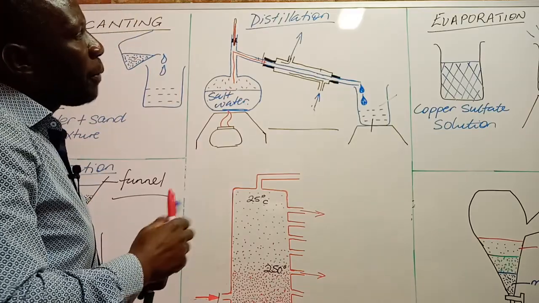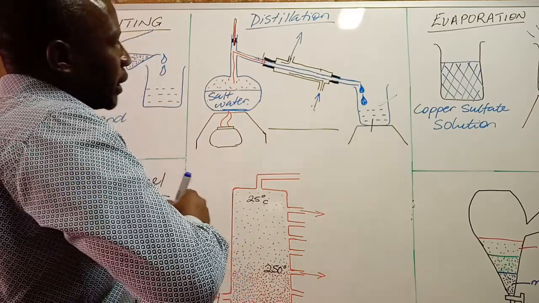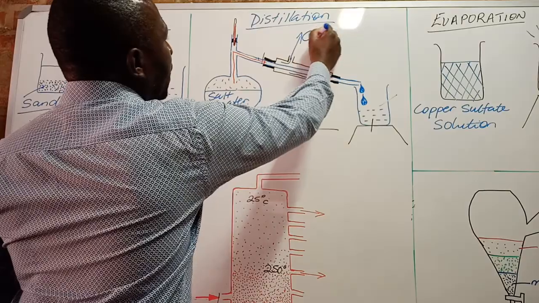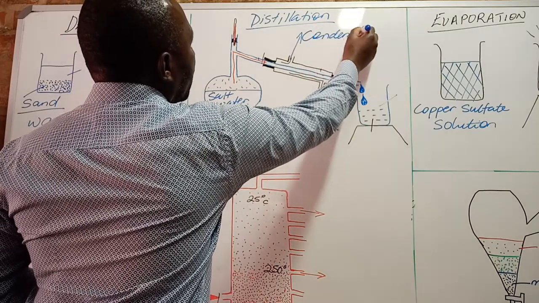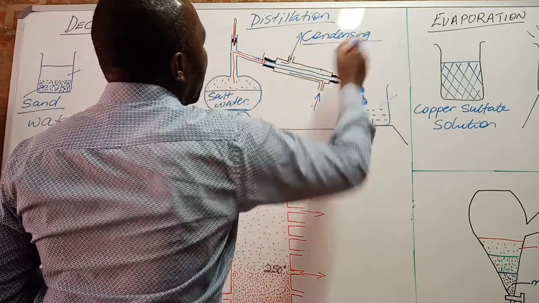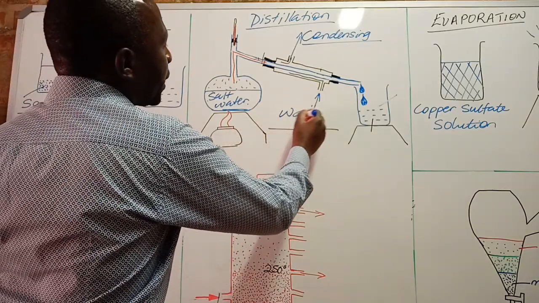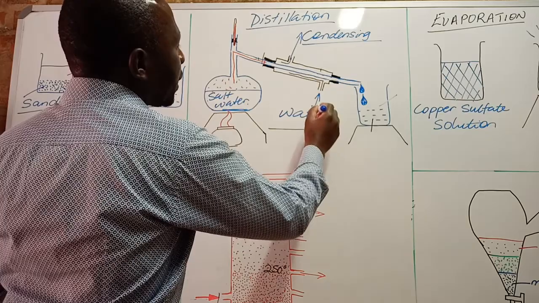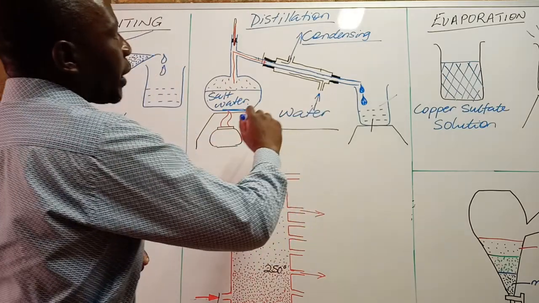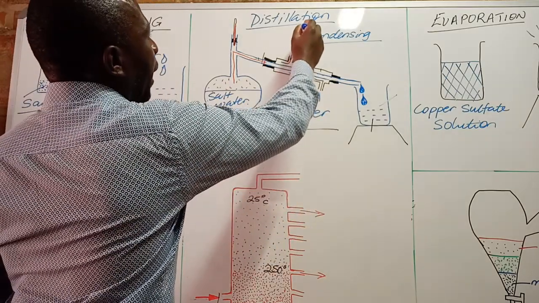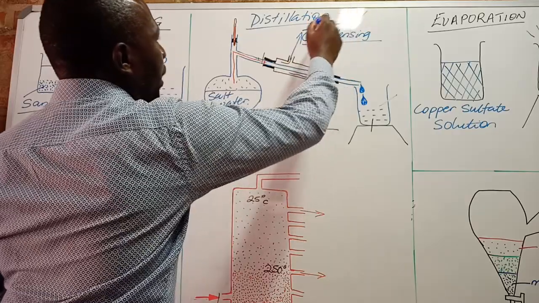The distillation apparatus is attached with a condensing apparatus. So this condensing apparatus works in a very simple way. There will be water that is being pumped into the condensing apparatus and pumped out.